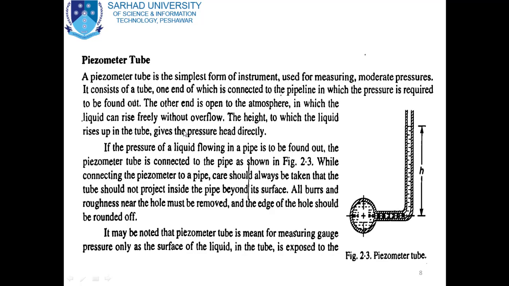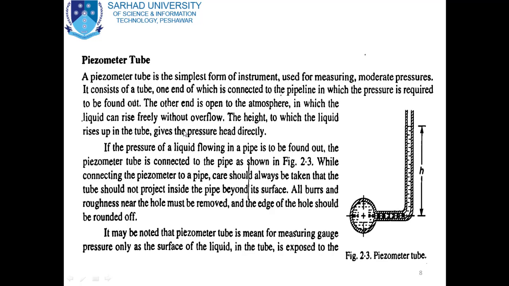Number 1 piezometer. A piezometer tube is the simplest form of instrument used for measuring moderate pressures. It consists of a tube, one end of which is connected to the pipeline in which the pressure is required to be found out.